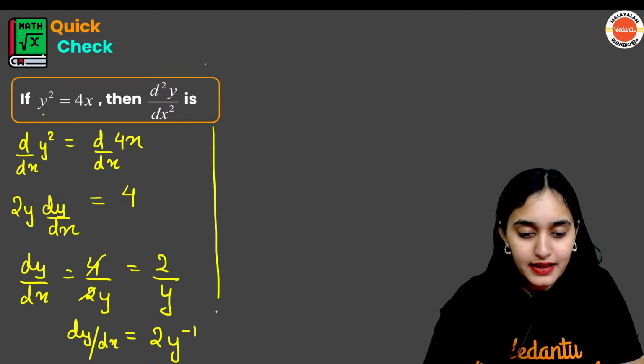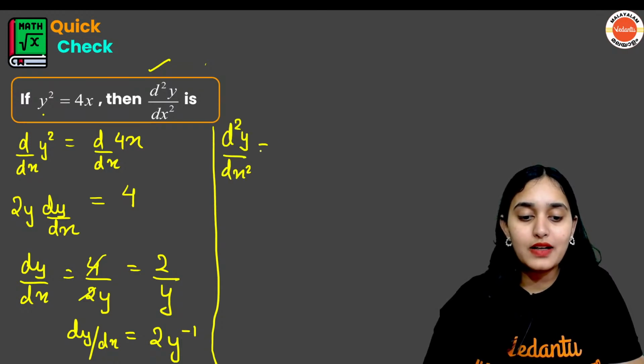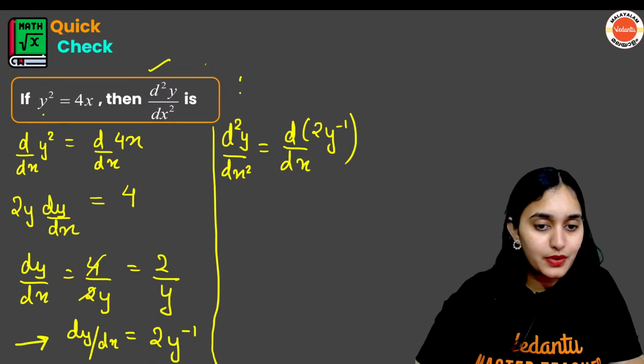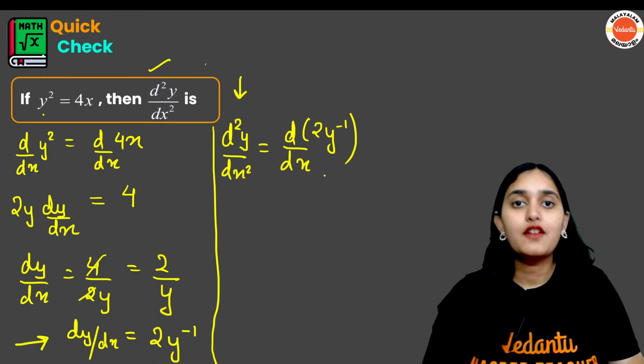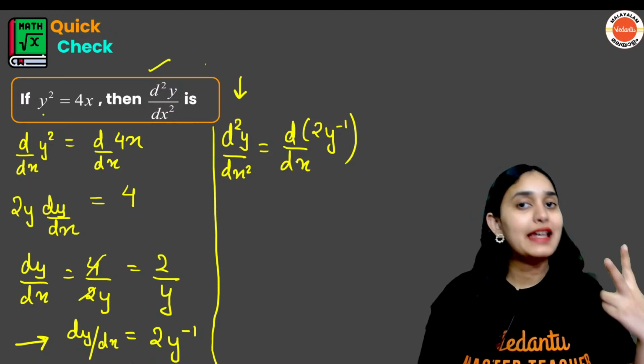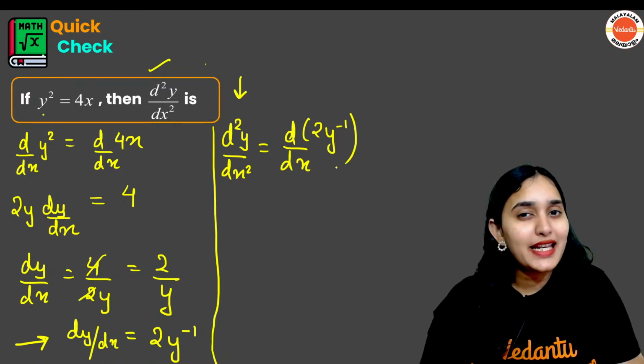Now we have to find out the second order derivative. So d square y by dx square will be the differentiation of dy by dx. When you differentiate this, you get this, right? First order derivative when differentiated gives us second order derivative. Now what is the differentiation of y to the power minus 1?